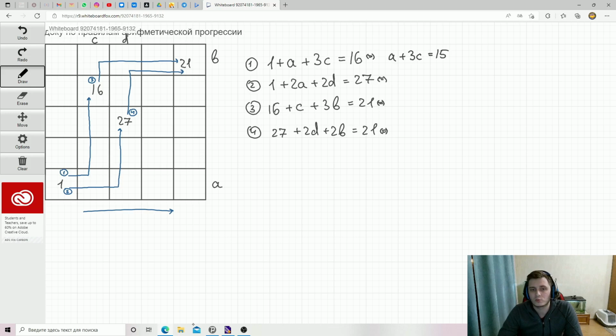When transferring 1, we get 2a plus 2d is 26, then just a plus d is 13. Here we transfer 16 and get that c plus 3b is 5. Well, in the last equation, we transfer 27, we get minus 6 on the other side, divide by 2 and we get that d plus b is minus 3.